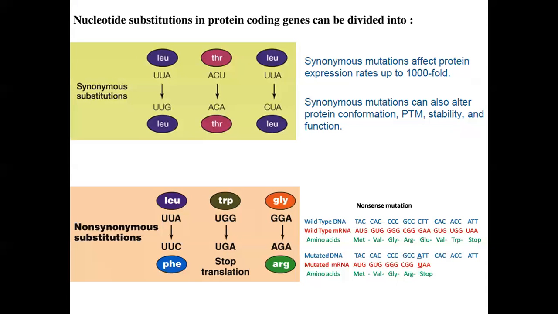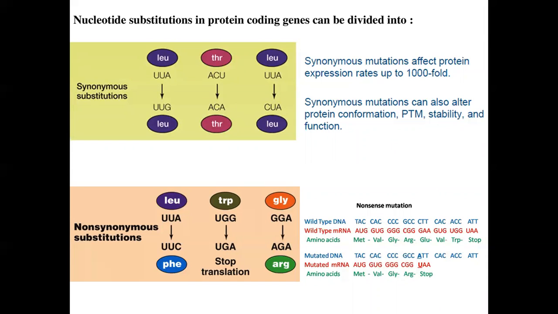For example, in this diagram, in synonymous substitution, you can see that leucine is coded by UUA, but in the one below it is still leucine, but the codon is changed to UUG. A is replaced by G, but the resulting amino acid is still the same, leucine.